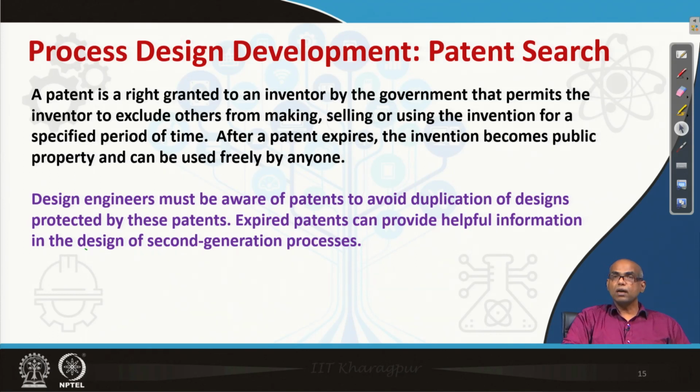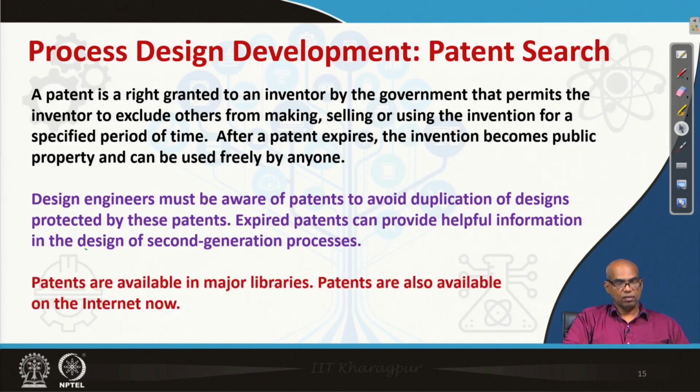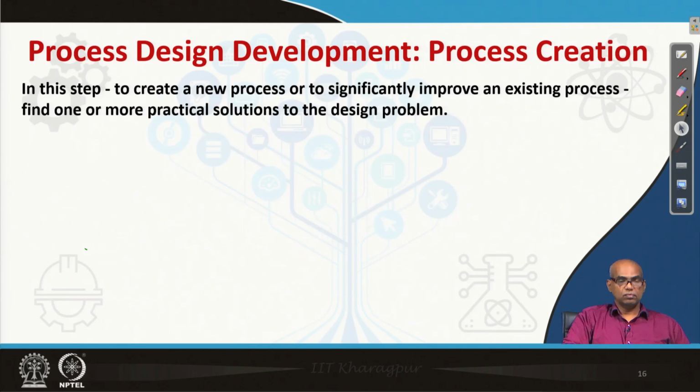So, the patents which have expired can provide helpful information in the design of next generation processes. Patents are available in major libraries. Patents are also available on the internet now.